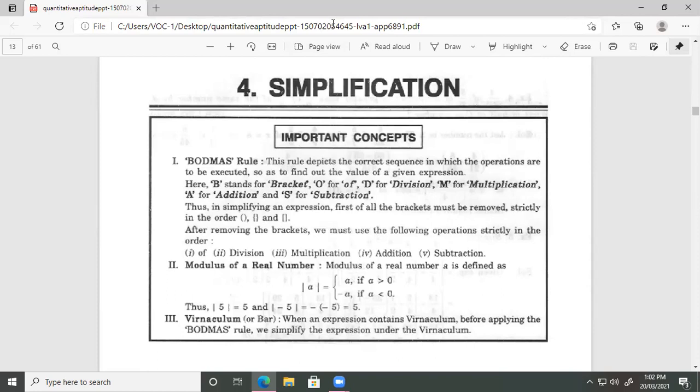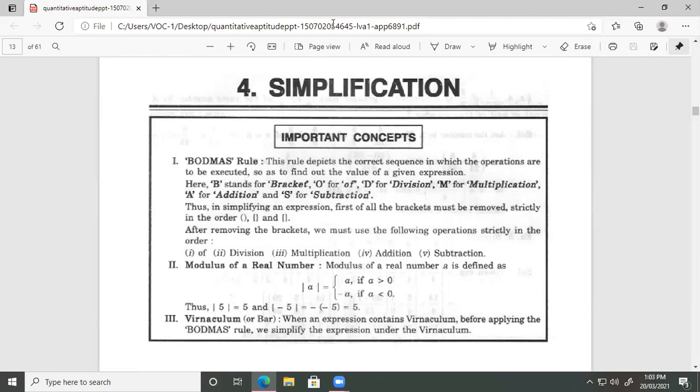In simplifying an expression, first of all, the brackets must be removed strictly in the order: round bracket, then curly brackets, and then square brackets. After removing the brackets, we must use the operations strictly in the order: first we have to solve B, then O, then division, multiplication, addition, and subtraction.